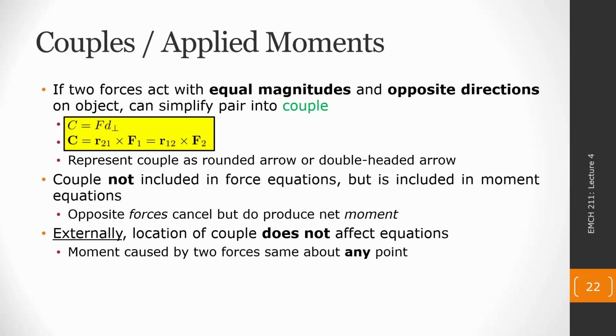And a last note on couples, the wording is going to be a little bit confusing here, especially the way I use it or many textbooks use it. When we are finding a couple, we might also refer to the couple as a moment or a couple moment or an applied moment. Note that this is different than taking the moment about a point.